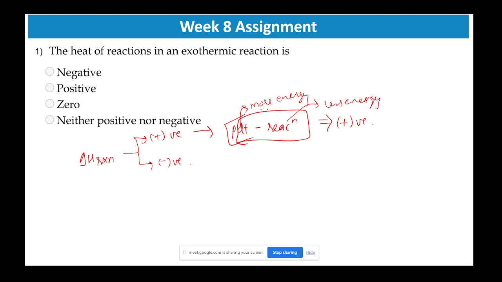So for the product to have more energy, it will take up a certain amount of heat, which is nothing but the heat of reaction. Since product minus reactant is positive, that much amount of heat will be consumed such that the product will have more energy.